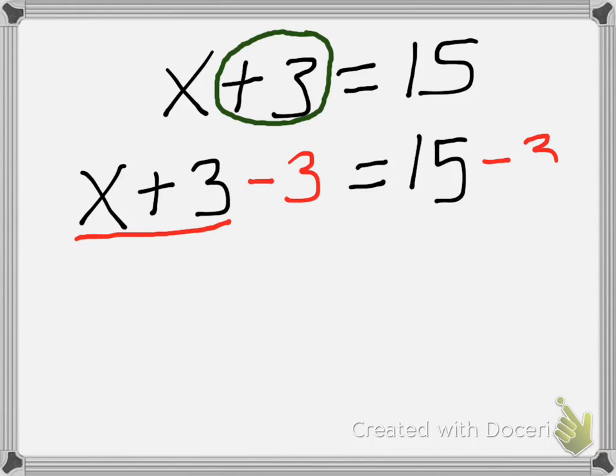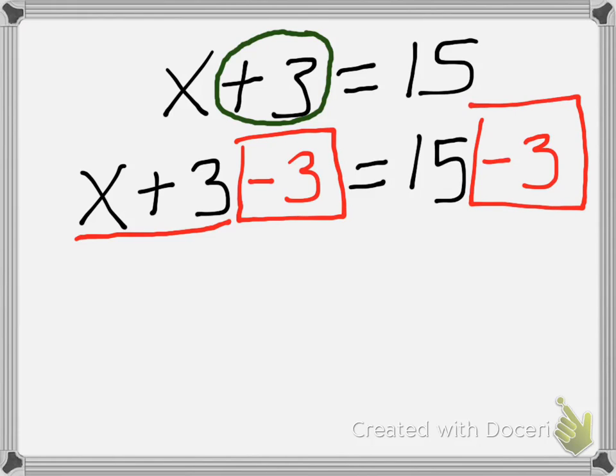It is called the balance method because I must do the same thing to both sides. You can see that I put a little square around it to show that I did the same thing to both sides.